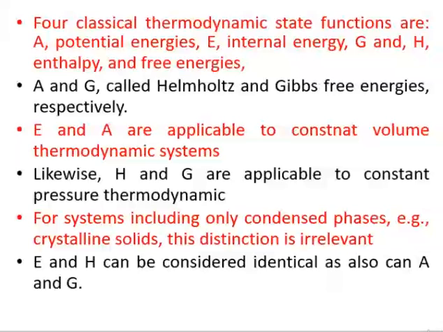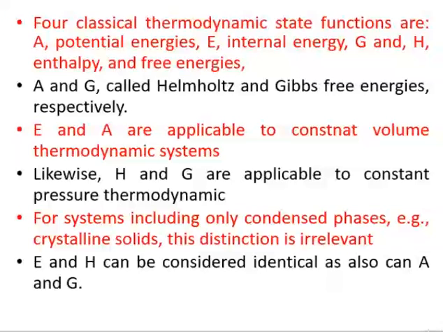E stands for the internal energy, G stands for the enthalpy, and H stands for the free energy. The A and the G, sometimes we call them Helmholtz free energy and Gibbs free energy respectively. That is, A is the Helmholtz free energy and G is the Gibbs free energy.